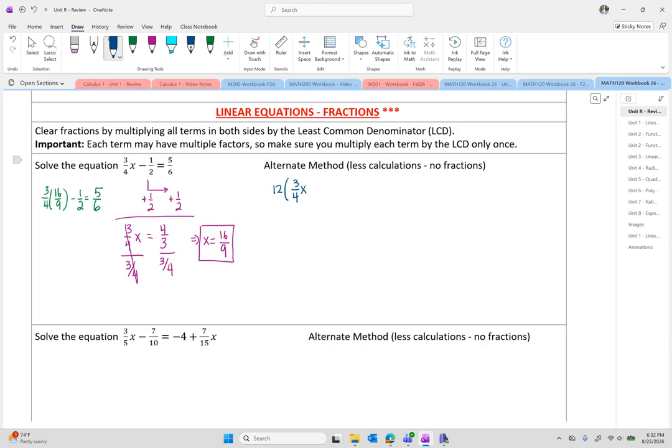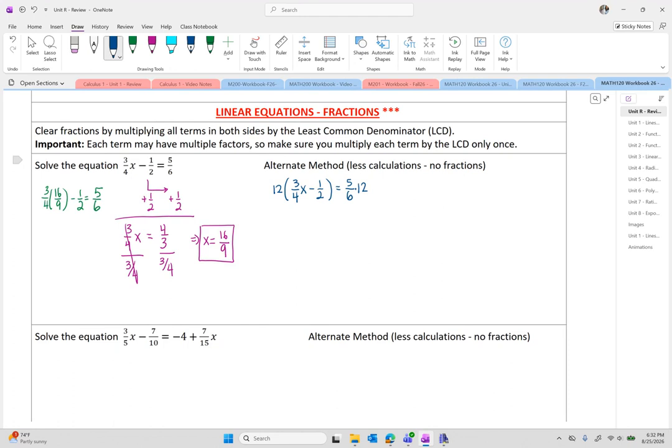So 12 times (3/4 x minus 1/2) equals 5/6 times 12. On the left, I have to distribute. When you distribute on the left, don't do the math, because the reason you multiplied by 12 was to eliminate the 4 and the 2 and the 6. So don't do the math.